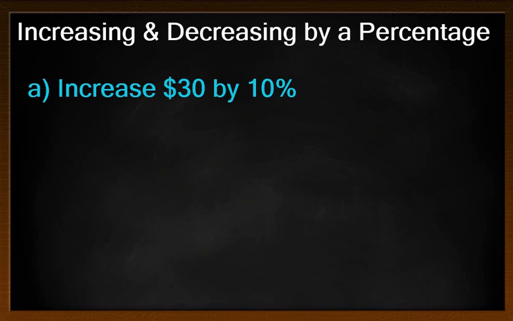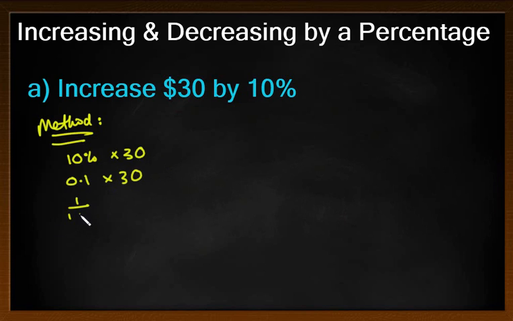Okay, welcome back. So I'm going to go through both methods. So method 1, again, this is the method for most people in sort of year 7, year 8. We're going to find 10% of $30, or 0.1 of 30, or 1 over 10, or you can even do 10 over 100 times $30. Either way will work.